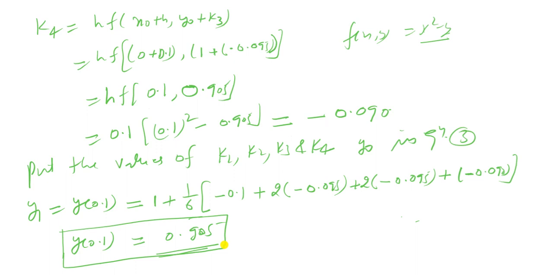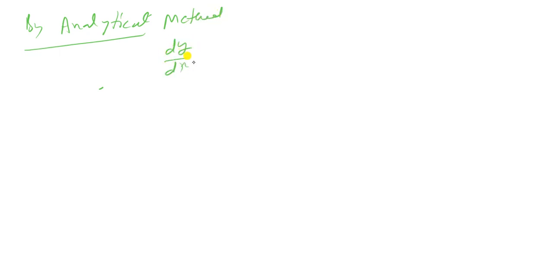Now we solve the given initial value problem with the help of the analytical method, to identify how much error is contained in the approximate solution. So by using the analytical method, the given initial value problem can be written as dy by dx plus y is equal to x square, with the condition y of 0 is equal to 1.